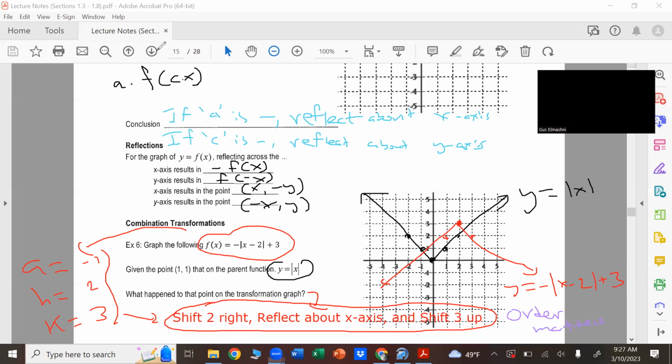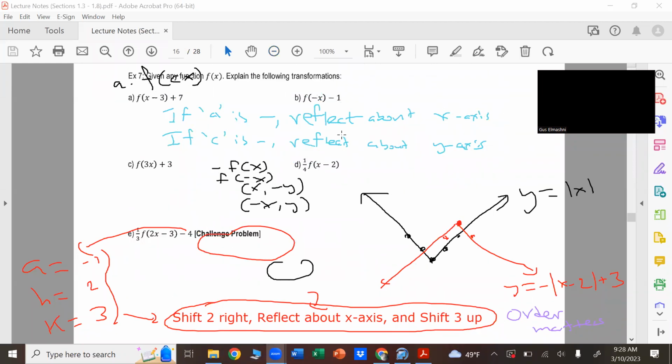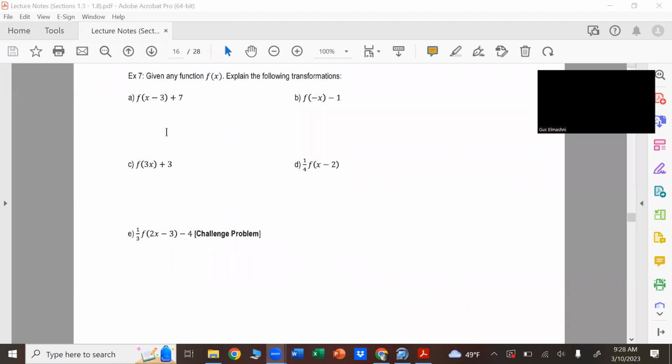Okie dokie. Lastly, these here. Again, this is last, I promise we're done after this. It's just the last page. So in this case, you're going to shift 3 right, then shift 7 up.